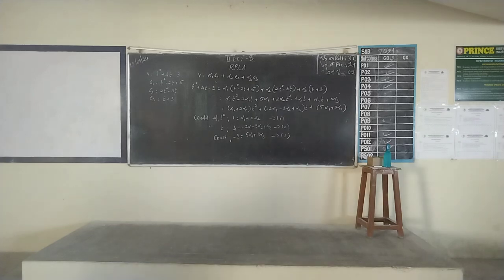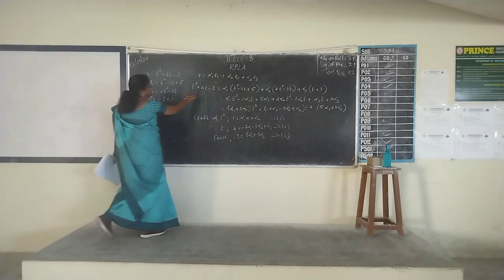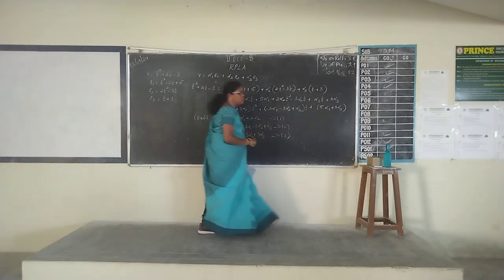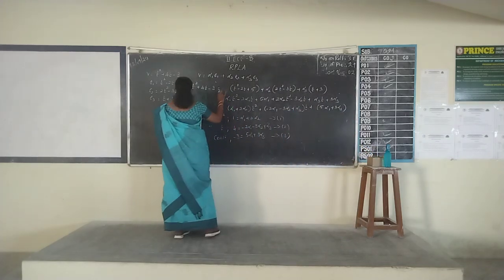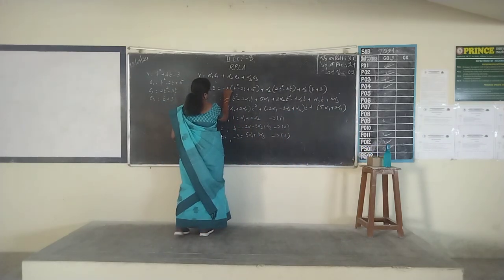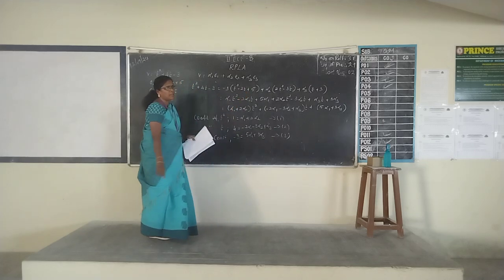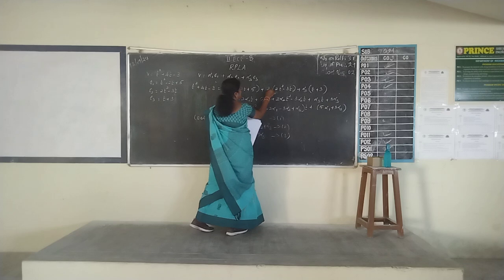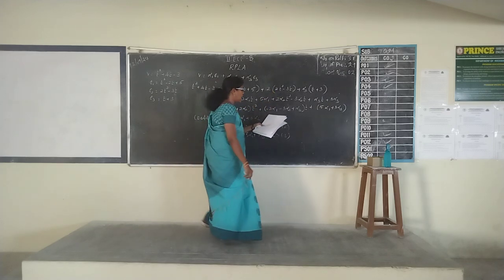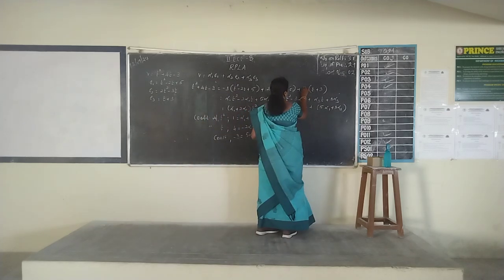Therefore t square plus 4t minus 3 is equal to, so what is alpha 1? Minus 3 into e1 plus alpha 2 is 2 into e2 plus alpha 3 is 4 into e3.